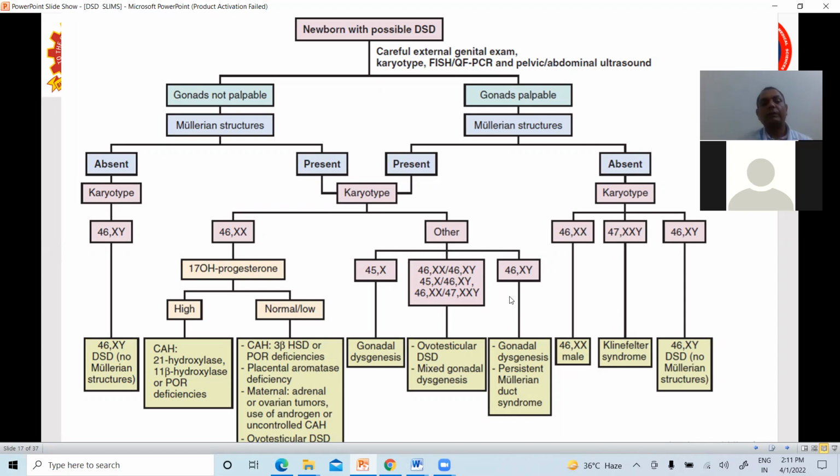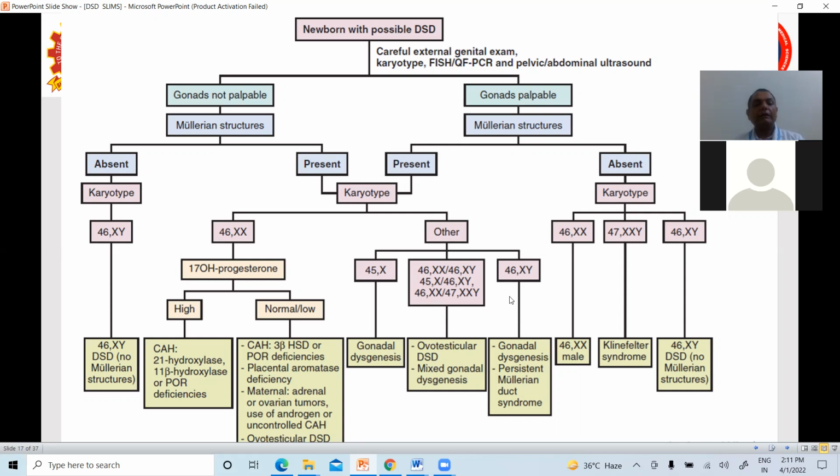So what is the role of this placental aromatase during fetal life? If a mother has an ovarian tumor, or any tumor secreting androgens, first of all, you should know why virilization occurs. Virilization occurs due to intrauterine exposure of the fetus to androgens. This androgen can be of the baby's origin, or can come from the mother. If the baby is exposed in utero to androgens, virilization will occur.